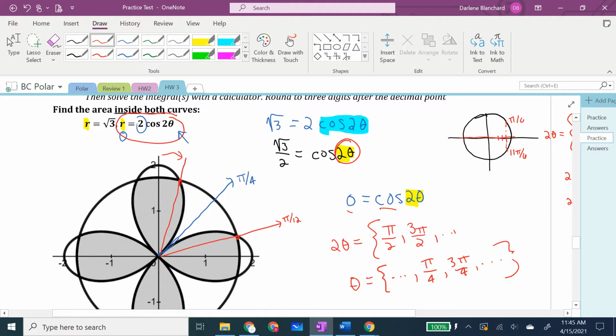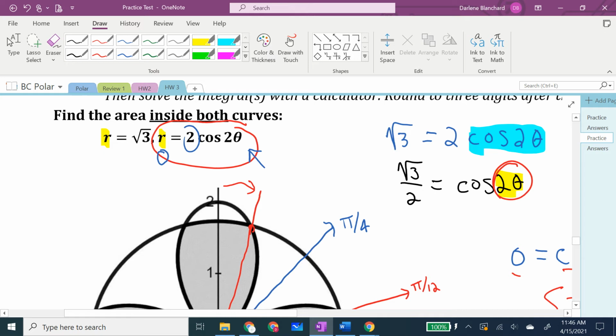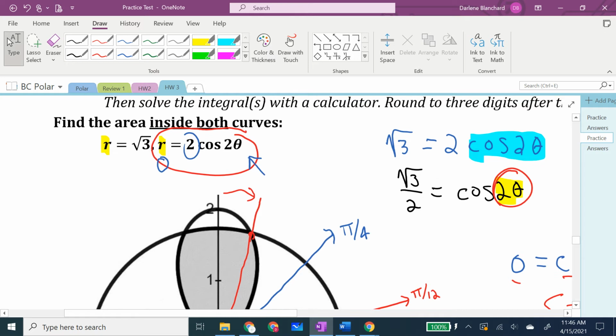Now, on tomorrow's test, you're going to be allowed a calculator. If you have a calculator and you need to solve equations, you can let the calculator do the hard work for you. But you still need to realize that to solve for the angle where they intersect each other, you need to look at the intersection of these two.